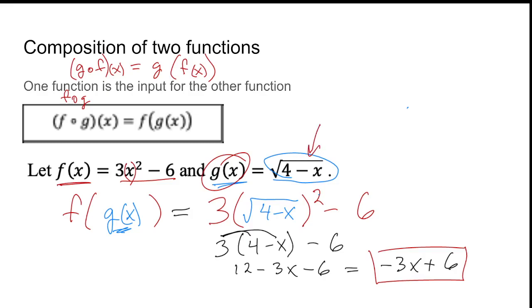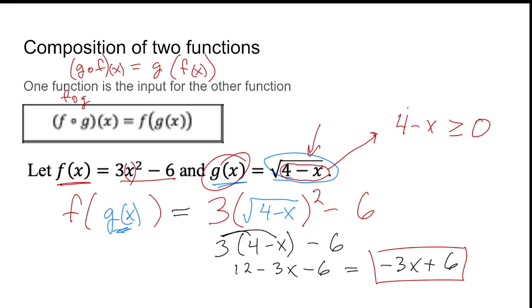At this particular factory, they can't have this inside part be less than 0, right? They can't have it be negative. So 4 minus x has to be greater than or equal to 0. It has to be non-negative.